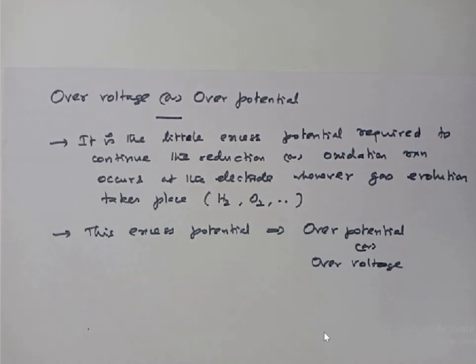So this is actually a very important one. Most of the time we may not consider this, but this is very, very important. Let me give the values for over voltage at different electrodes.